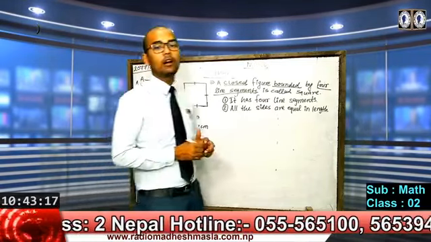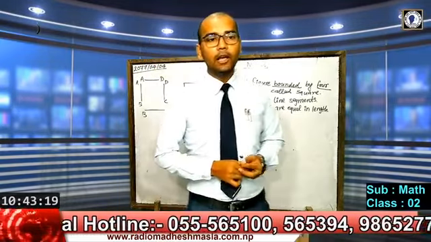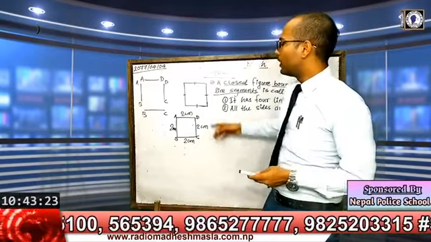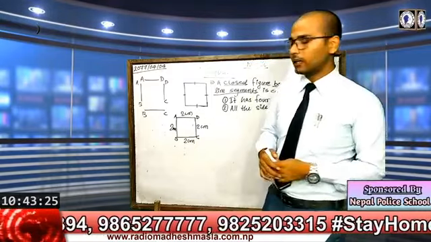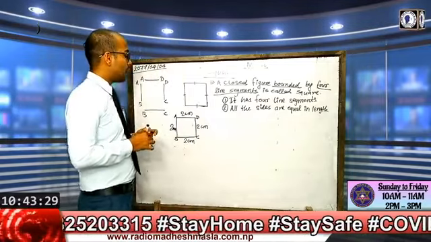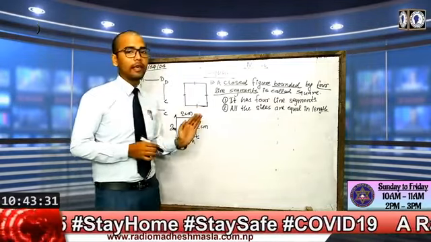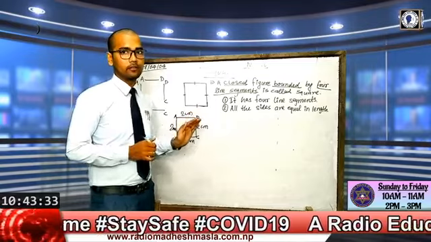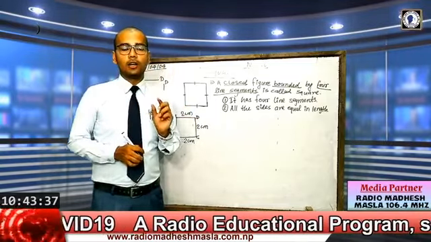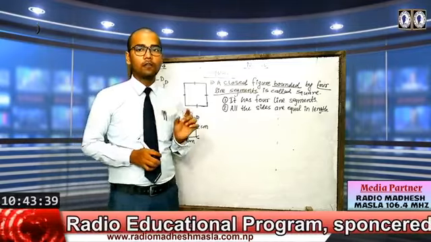Whatever the length of one side, it is the same as the length of the other remaining 3 sides. Only if all sides are equal in length can we call the given figure a square.